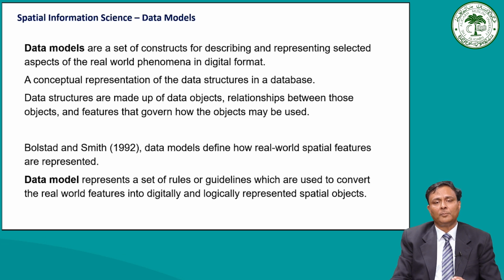We use multiple models during the representation of the real world. First is reality, which consists of real-world phenomena such as natural or human-made features. Other stages are the conceptual, logical, and physical models.